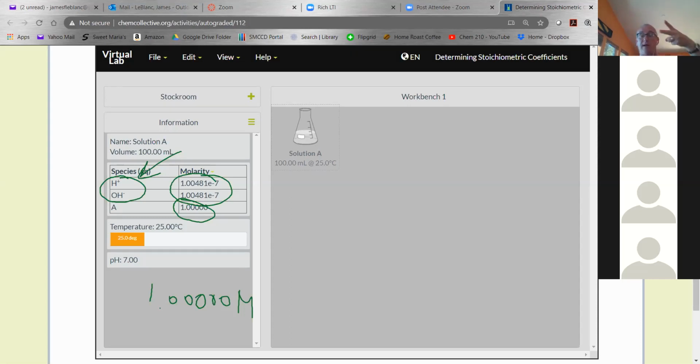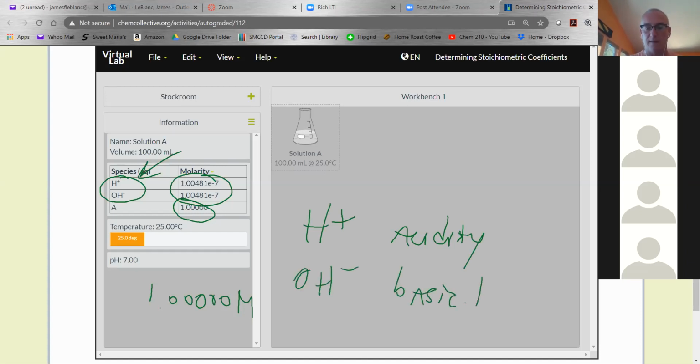It's the other way around. Yeah, H plus means acidity, and OH minus means basicity. H plus is an acid, OH minus is a base. Where do they come from?